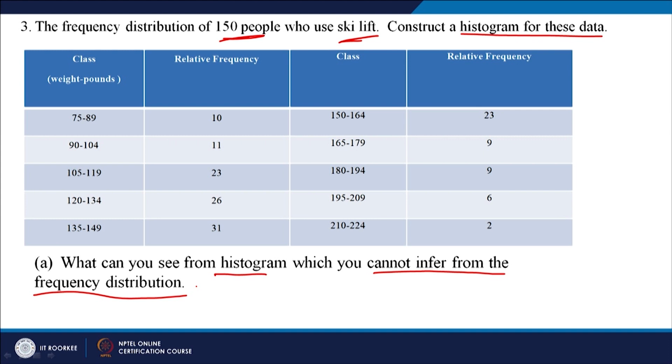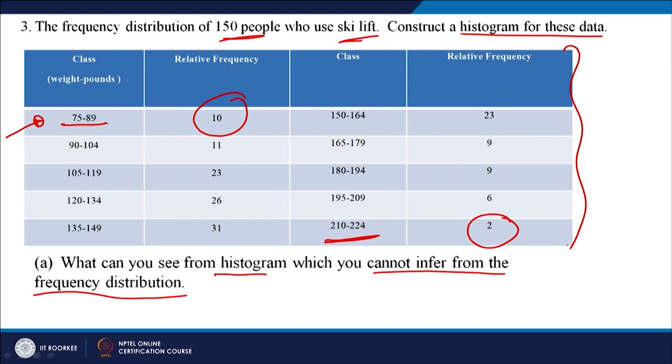The first class interval is this. There were 10 people having weight between 75 and 89 pounds. Similarly, there were only 2 people having weight between 210 and 224 pounds. I hope you have understood this particular table.